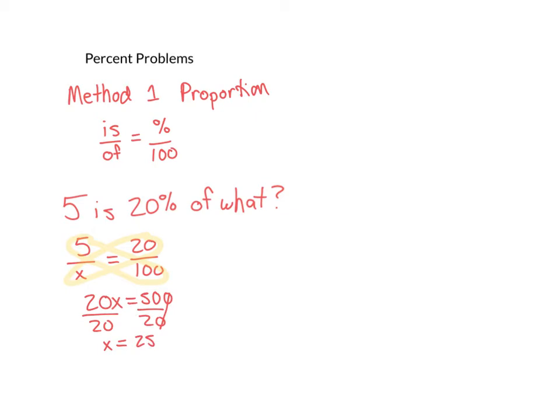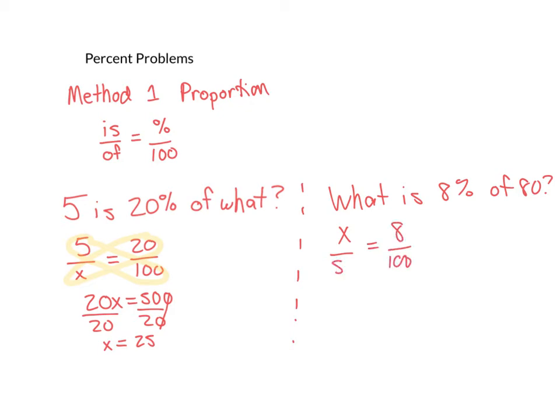Here's another example using the proportion method. It might say, what is 8% of 80? So this time I'm solving for my is. I don't know what my is. I know my percent, again, is 8, and that always goes over 100.